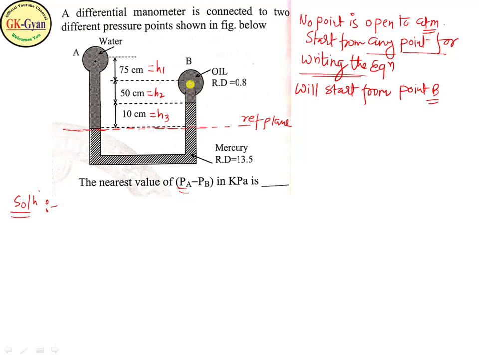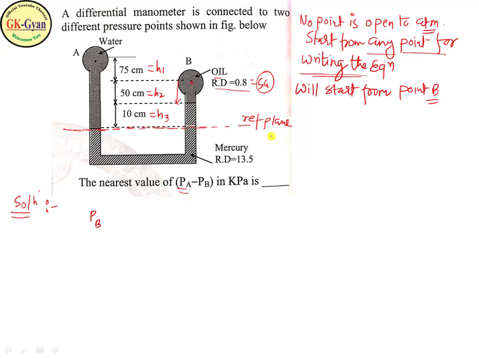We'll start from this point PB, so the pressure at point B will be PB. Then from this point you are moving in the downward direction up to this point. The oil present in the pipe has RD 0.8, relative density, that is specific gravity.